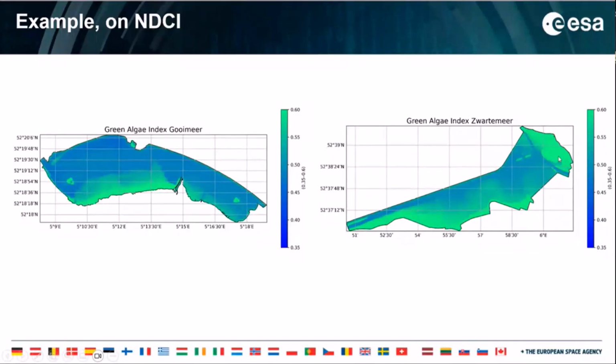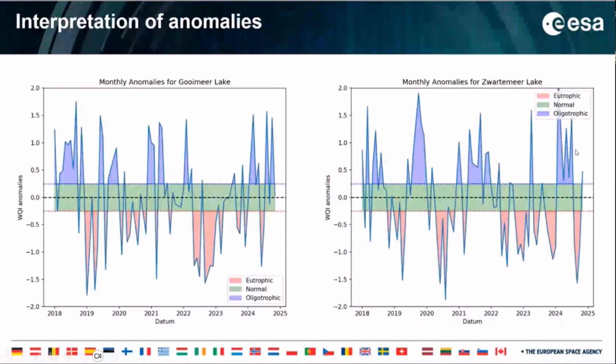So from this NDCI calculation, I go ahead and calculate the standardized anomaly, and I just flip the sign.